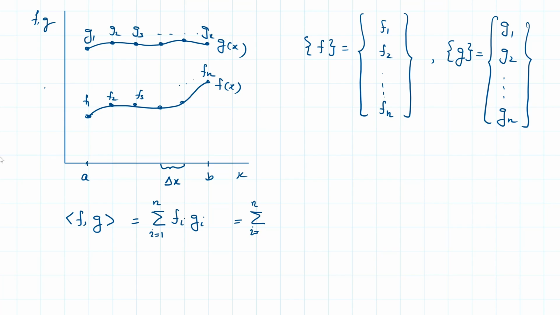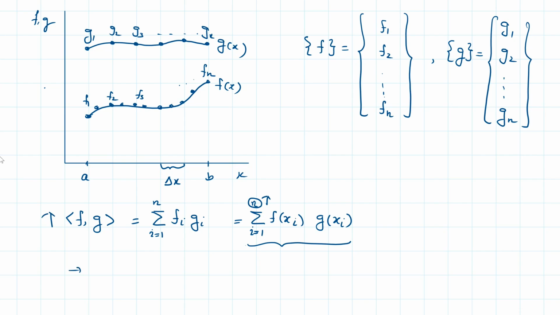Here fi is nothing but f evaluated at xi, and gi is g evaluated at xi. As you would notice here, if we increase the number of intervals n, for example making it twice as dense, the value of the inner product will increase.